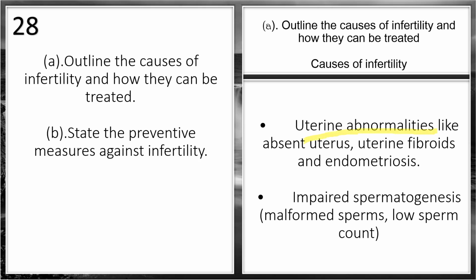Uterine abnormalities like absent uterus, uterine fibroids, endometriosis, impaired spermatogenesis, malformed sperms, or low sperm count.